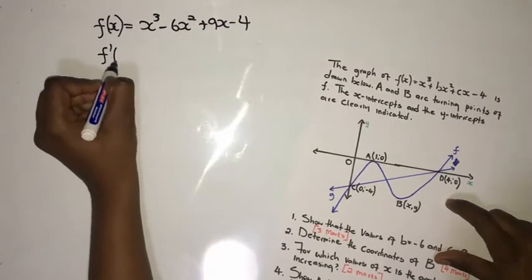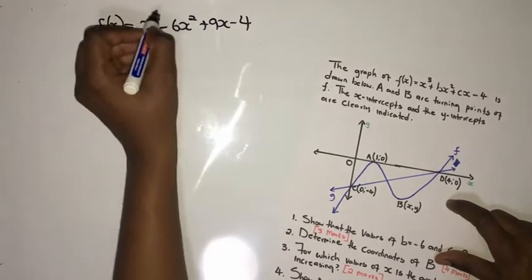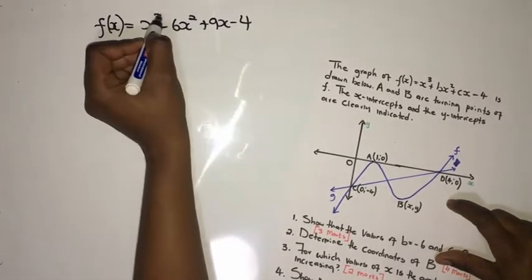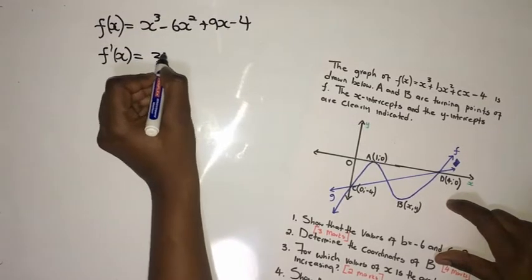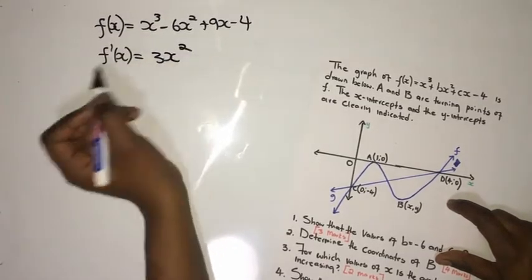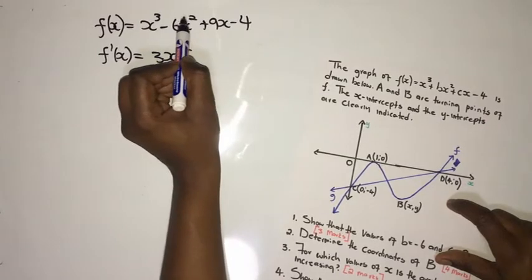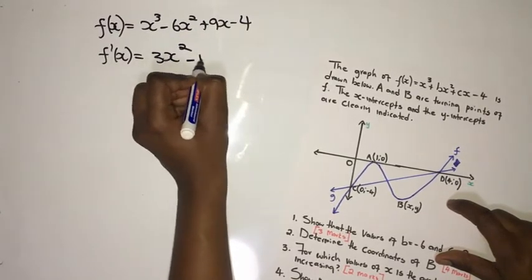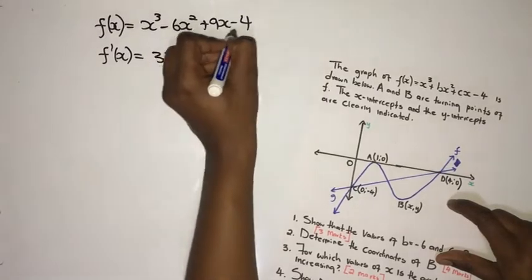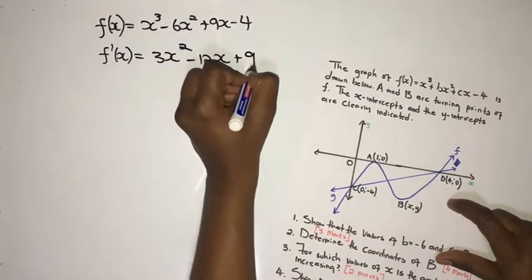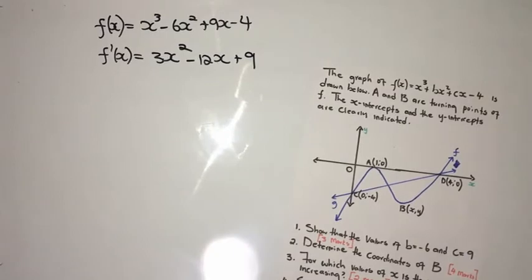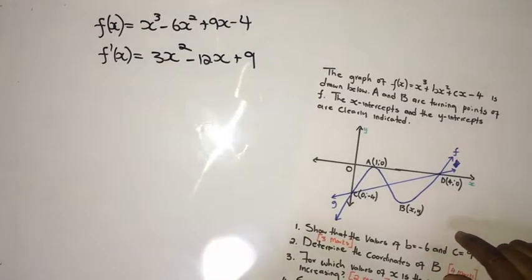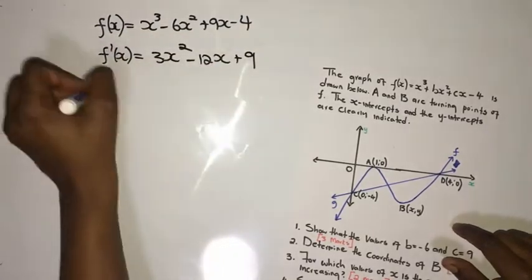So the derivative of f is, as I've explained, 3 by 1, that's 3x squared, 6 by 2, that's going to be minus 12x, and then this is just going to be plus 9. I'm just following the rules that we spoke about in the introduction of this video. So that's the gradient function or the derivative.